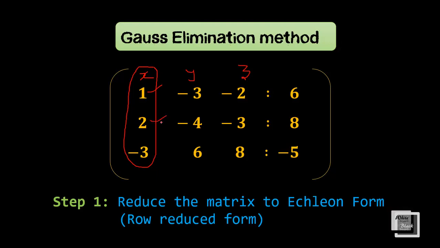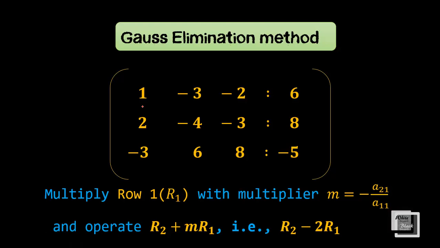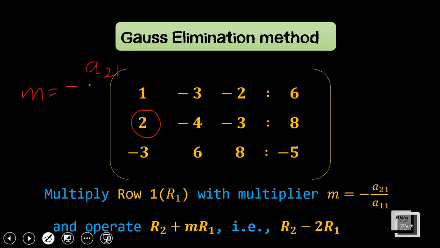So in the column 1, we will find the first non-zero entry and treat it as a pivot element. All are non-zero, 1, 2, minus 3. So I will consider this one as the pivot element and denote it as A11. Now my next step will be to eliminate all coefficients below pivot element. To eliminate these elements, I will find a multiplier m equal to minus of this coefficient, let us call this coefficient A21, divided by pivot element A11.